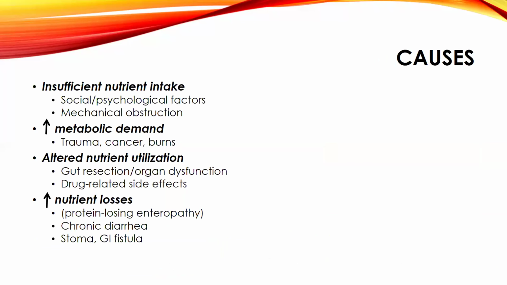So when we are talking about disease-related malnutrition, you'll get disease-related factors which might lead to malnutrition, as you can see from the list. You can have insufficient nutrient or food intake.